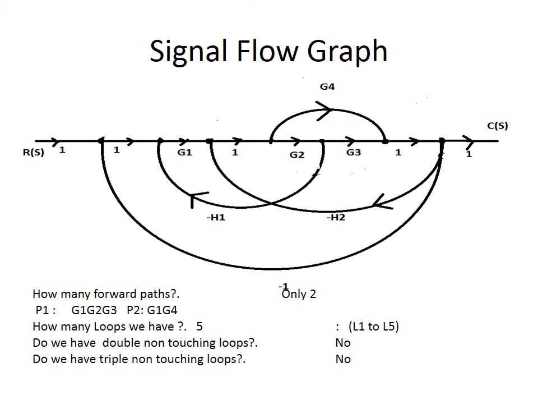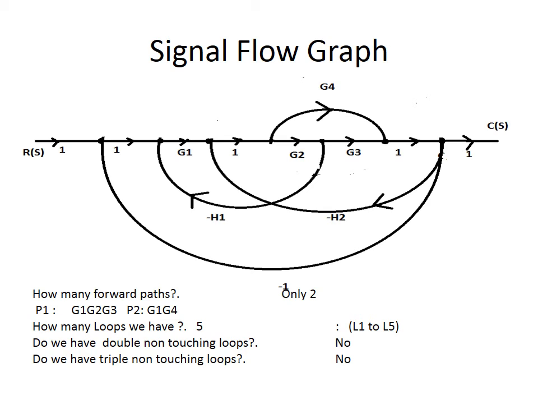Now let us try to study the signal flow graph of this particular problem. All the summers and takeoff points are replaced with nodes. Negative feedback is replaced with minus H1 and minus H2. The unity gain is represented with minus 1. The forward path G1, G2, G3 is the first forward path. G1 and G4 is the second forward path. So we have two forward paths, G1, G2, G3 and G1, G4.